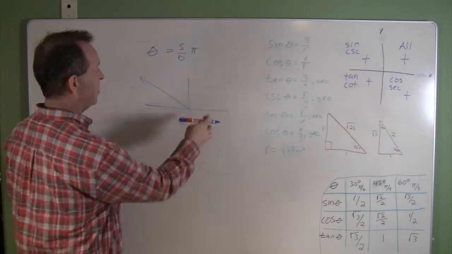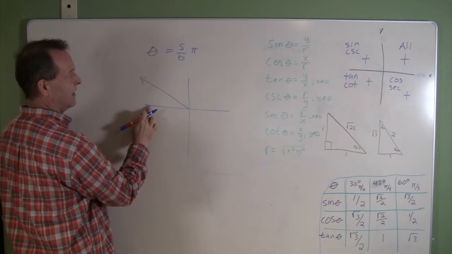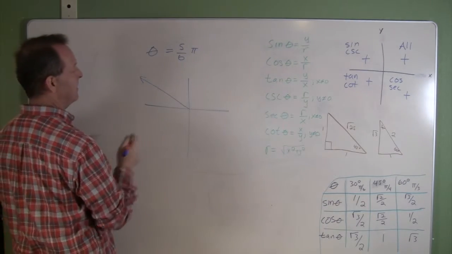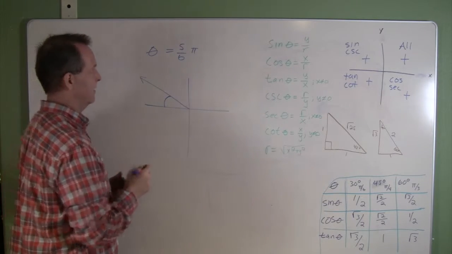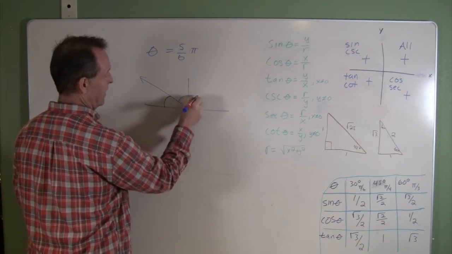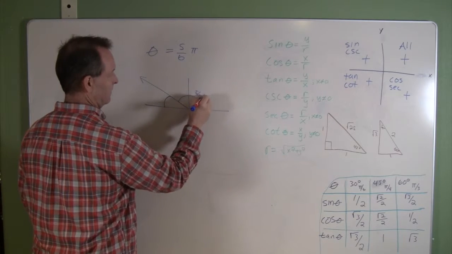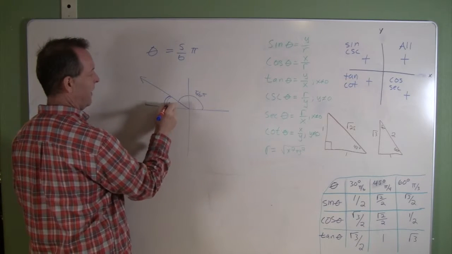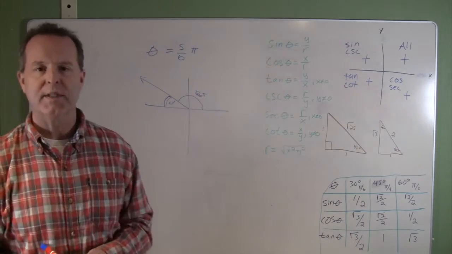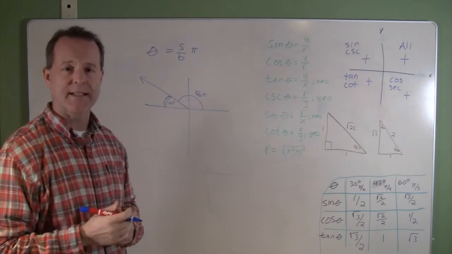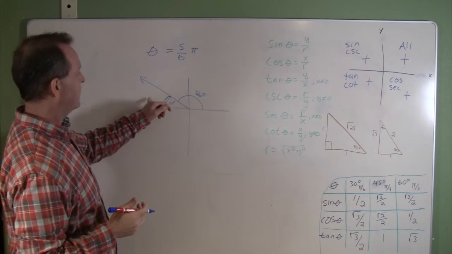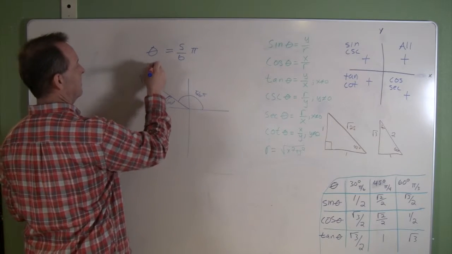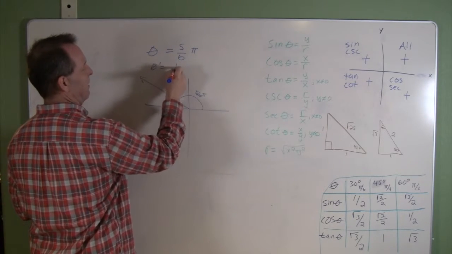We remember that 180 degrees, all the way over to the x-axis again, is also 1 pi. And 5/6 is less than a pi. So we're going to want to know what that particular angle is. This angle right here, we know that to be 5/6 pi. That's what theta is. This one over here, sometimes you might see it called theta 2, or theta prime, sorry. So what's theta prime? What's the angle to the x-axis? If we know the entire distance is pi, and theta is 5/6 pi, theta prime has to equal 1/6 pi.